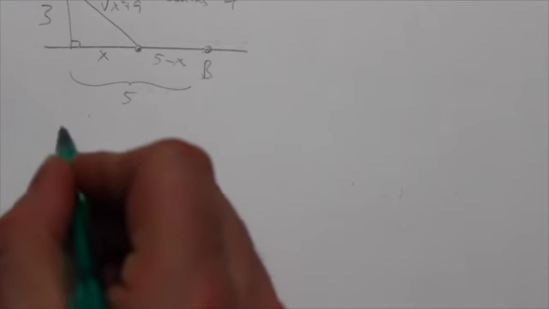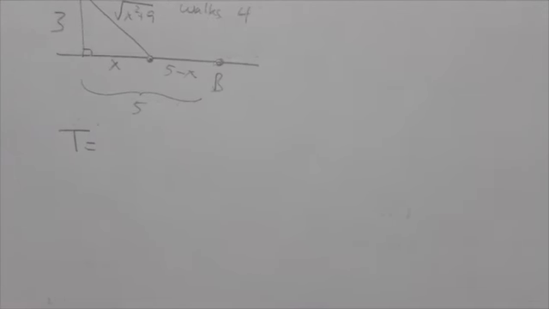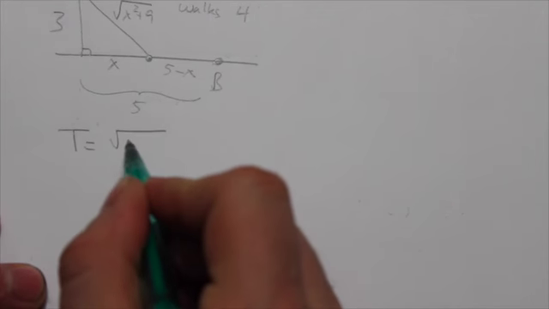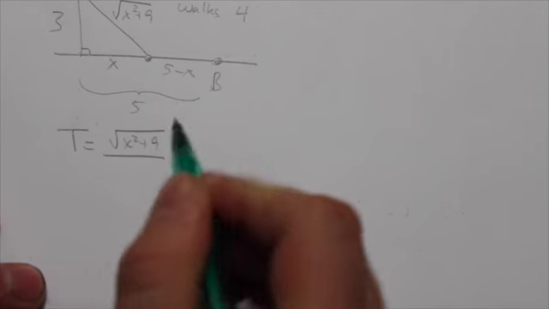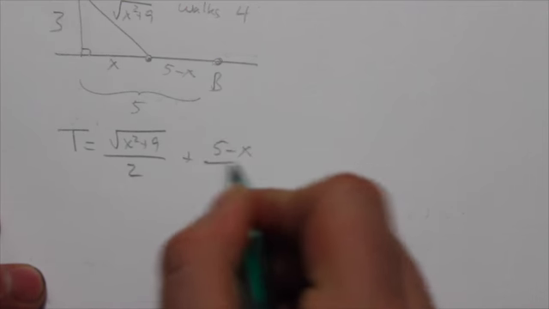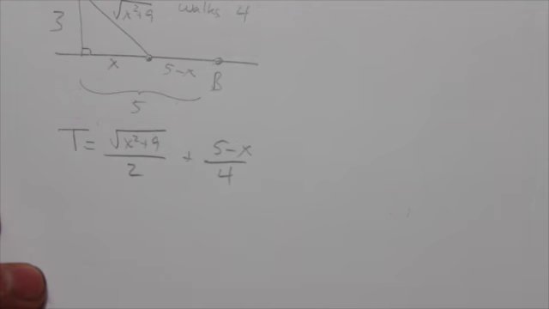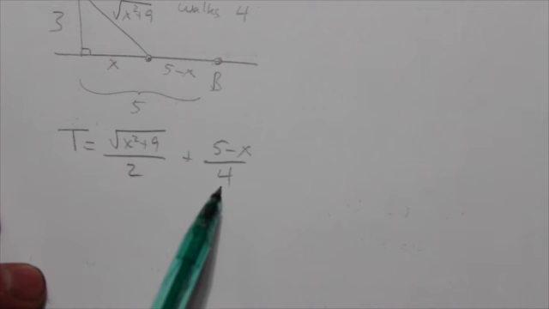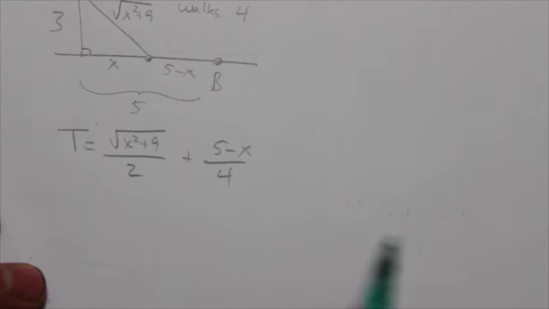Now we're going to try to minimize time. Time is going to equal distance divided by speed. So the distance rowed over the speed that the guy rows at, plus the distance walked over the speed walked at.